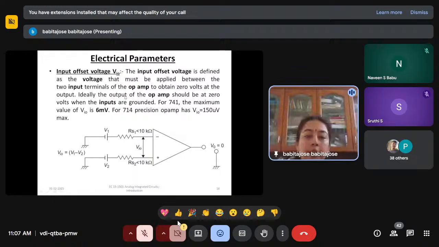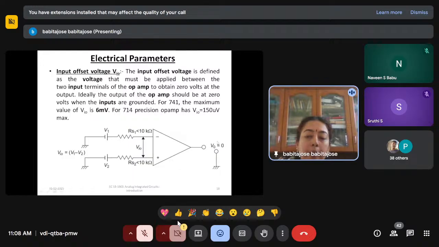Because ideally the output of the op-amp should be 0 when the inputs are grounded. That means if you directly ground both inverting and non-inverting input, ideally the output should be 0, but practically output is not 0.